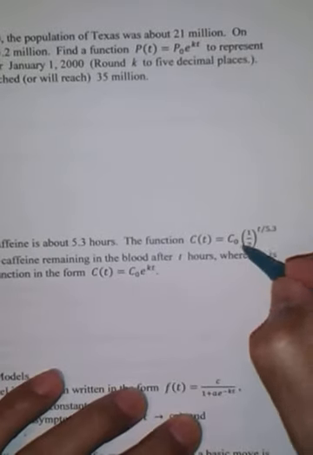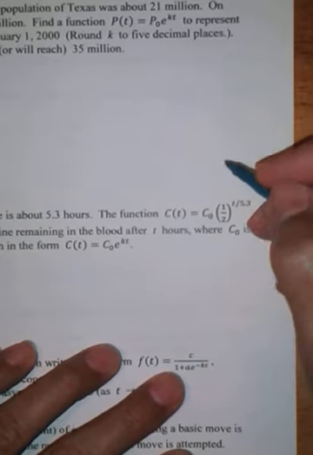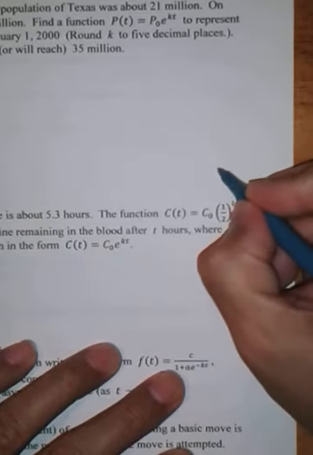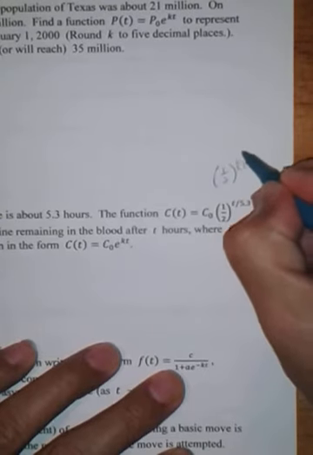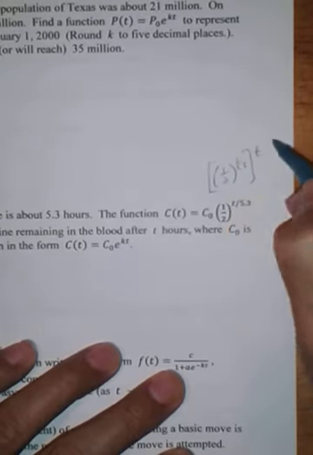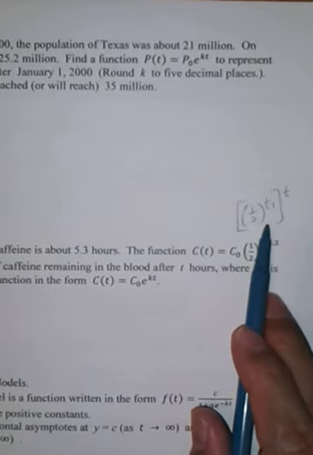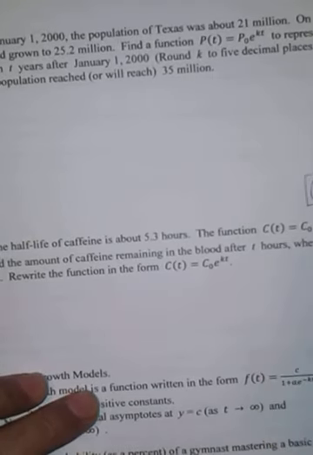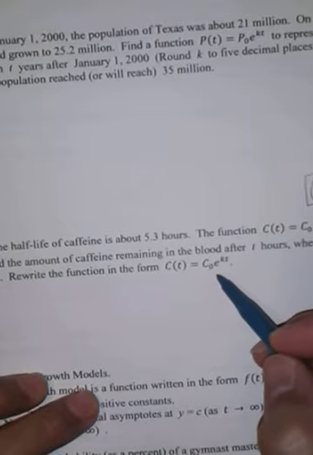Well, if we think of C sub 0 times 1/2 to the t over 5.3, we can think of that 1/2 to the t over 5.3 as 1/2 to the 1 over 5.3, and then all of that to the t power. So that's our b, 1/2 to the 1 over 5.3. Rewrite the function in the form C e to the kt.